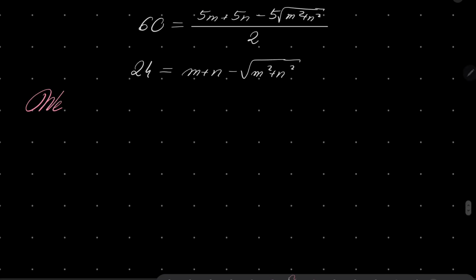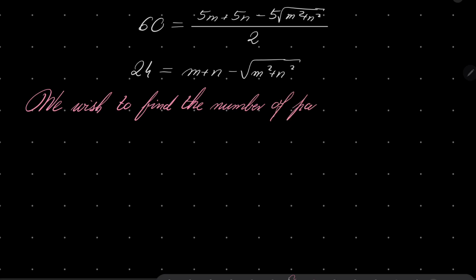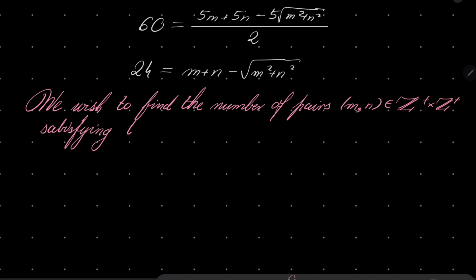So we wish to find the number of pairs (m, n) of positive integers satisfying this Diophantine equation. How can we do it?